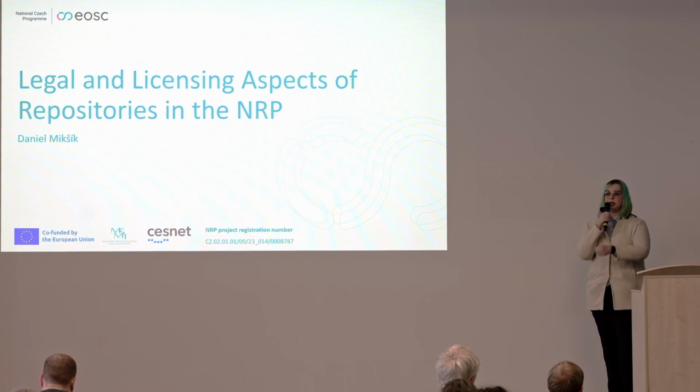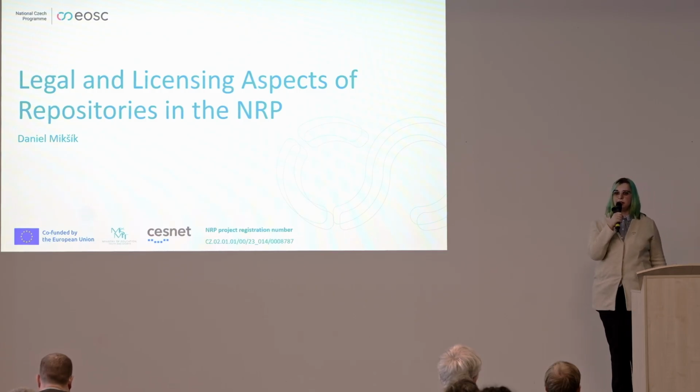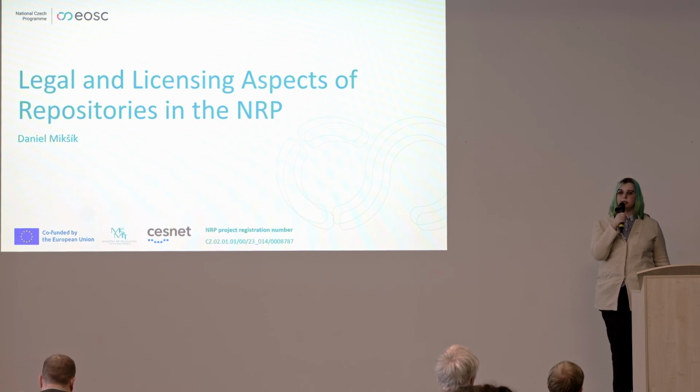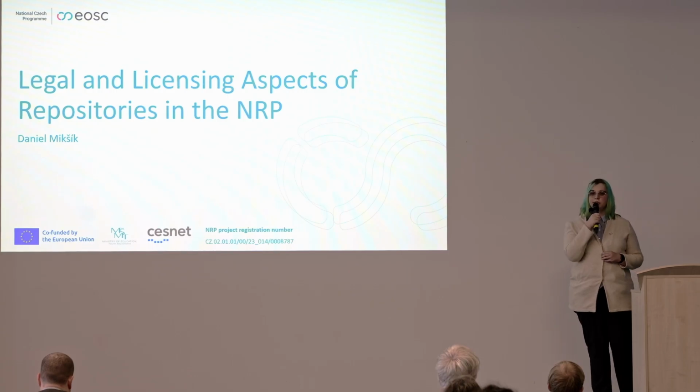But for example, as you mentioned with the student works, Charles University doesn't have its respective faculties as part of ROR. So you can only link the whole Charles University. So that is something we are trying to figure out in NRP. There are action groups working on this. So we will see what we come up with.